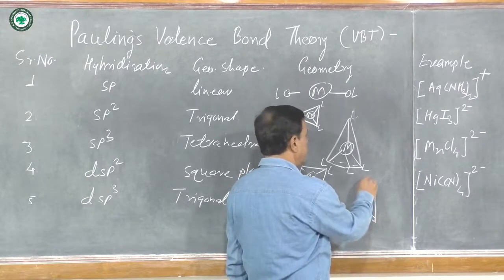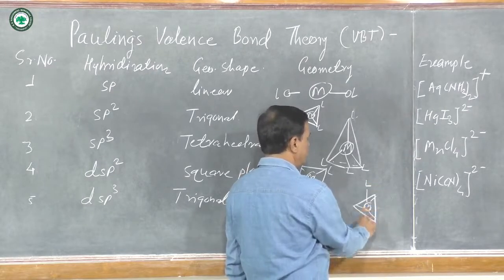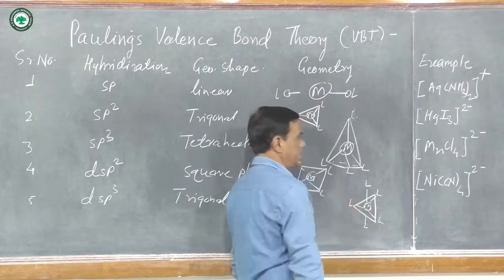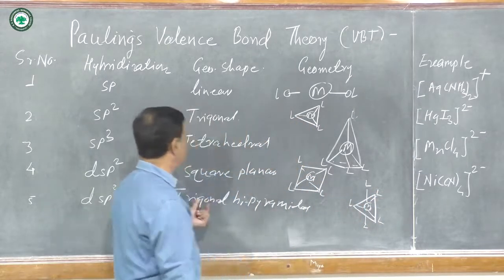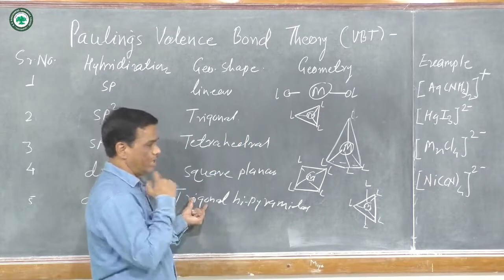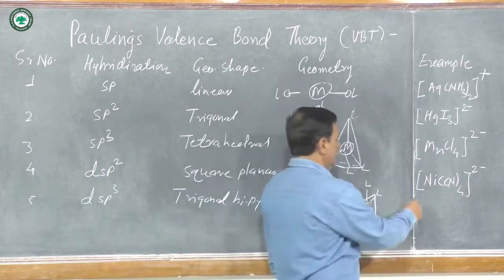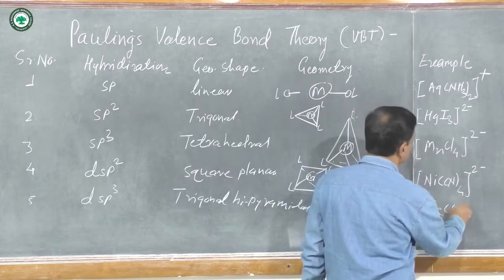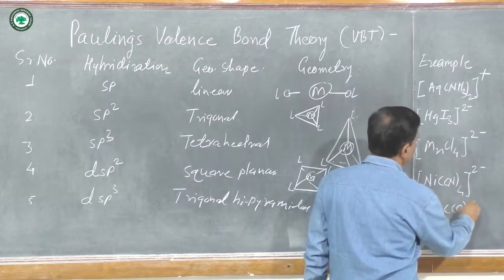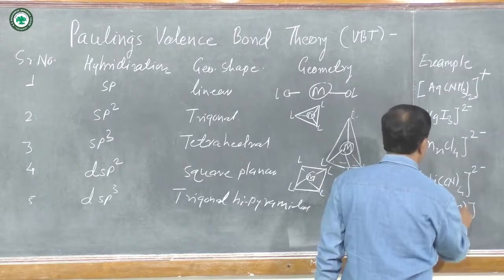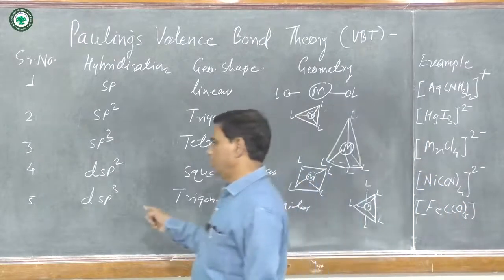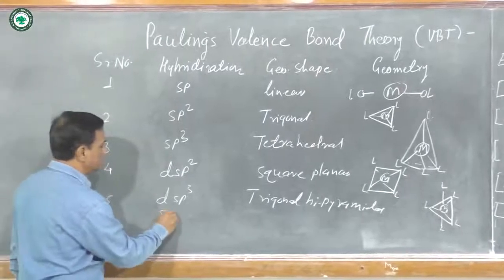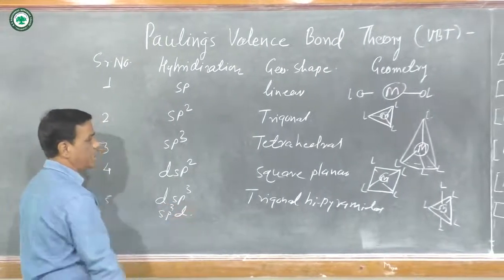Then one ligand is above the plane and the second is below the plane, and five ligands are there; the shape of that molecule is trigonal bipyramidal. The example is Fe(CO)5 complex.